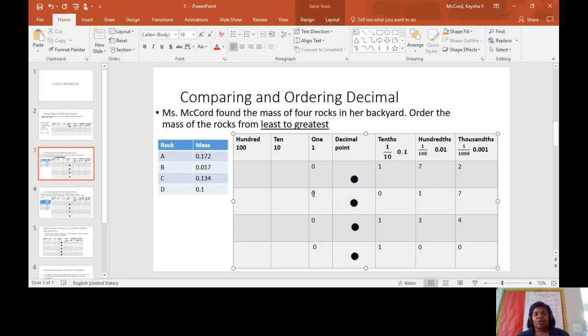So that means rock B, or 17 thousandths, is the smallest, or the rock with the least mass. Okay, so this is going to be my first number. It's going to be least, because that's what they want first, the rock that has the least amount of mass. So that's going to be my first rock, and that is rock B.